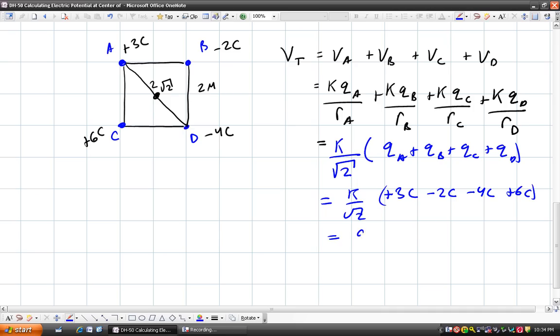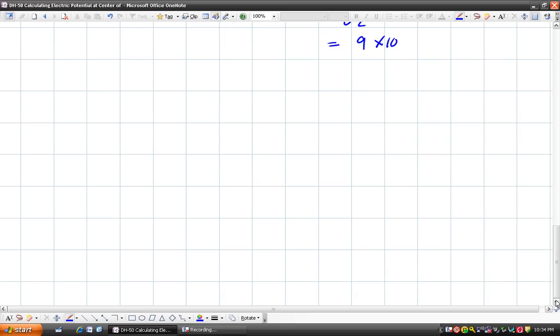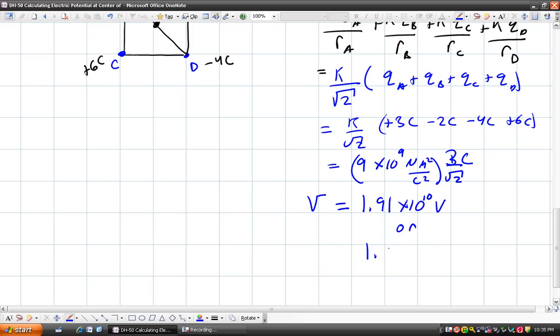So when I plug in K, 9 times 10 to the 9th newton meters squared per coulomb squared, times 1 over square root of 2 times 3 coulombs, and you plug all that in, you're going to get an electric potential that is 1.91 times 10 to the 10th volts, or volts are also known as joules per coulomb.